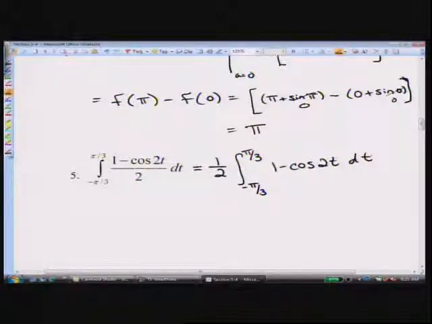Okay, Robinson, what is the antiderivative of 1 minus cosine 2t dt? Cosine t or cosine 2t? No, sorry, cosine 2t. Okay, so the derivative is 2 and then you times that by negative sine.